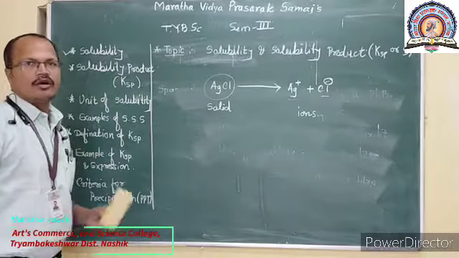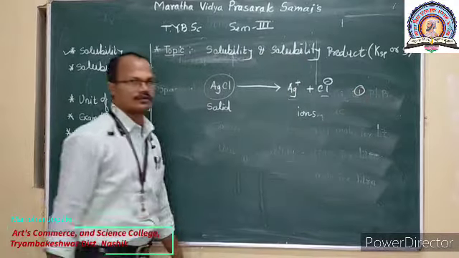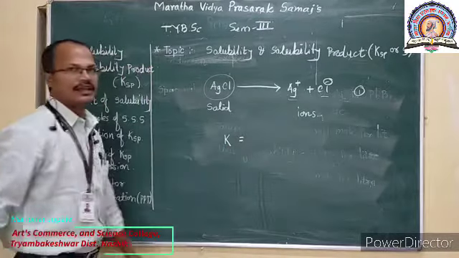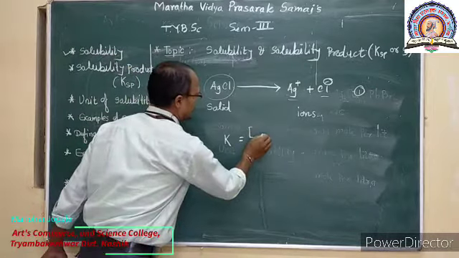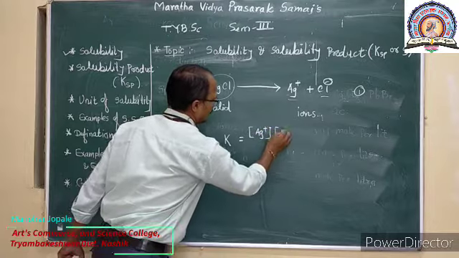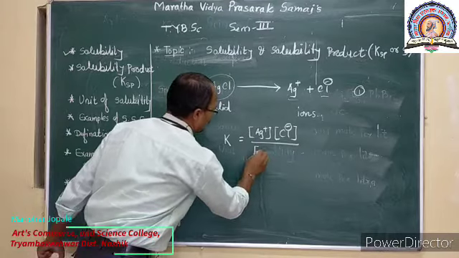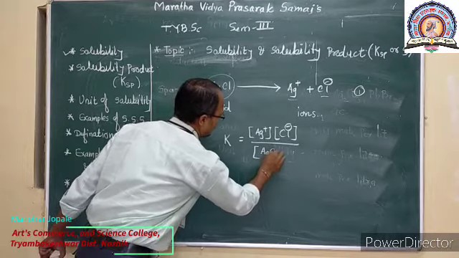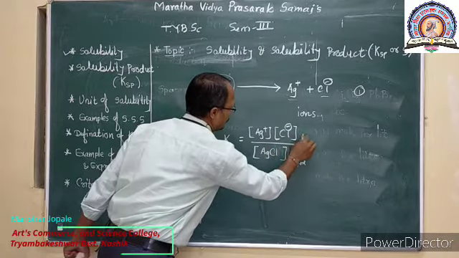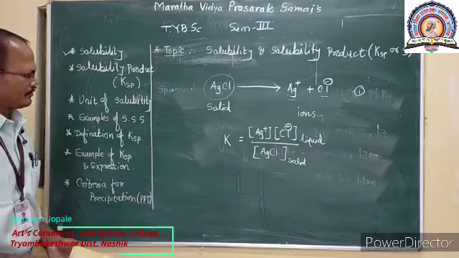Here we apply the law of mass action to our equation first. Then we get K equal to the concentration of the products, Ag plus into Cl minus, divided by the concentration of the reactant, that is AgCl, which is a solid, while these are present in the liquid or ionic phase.